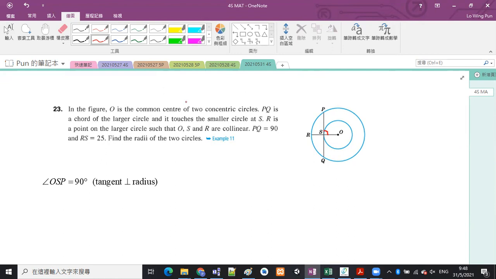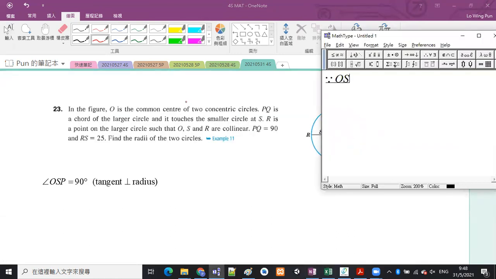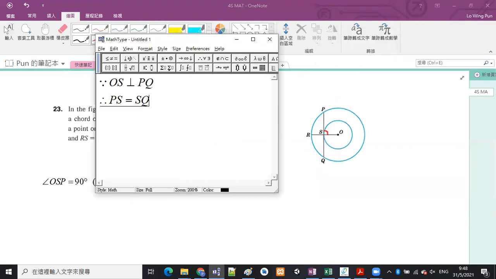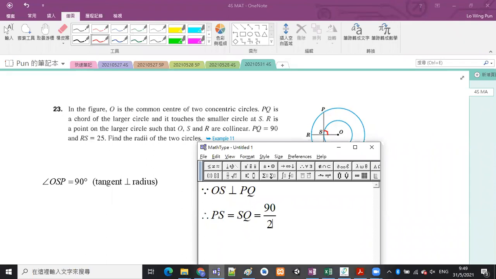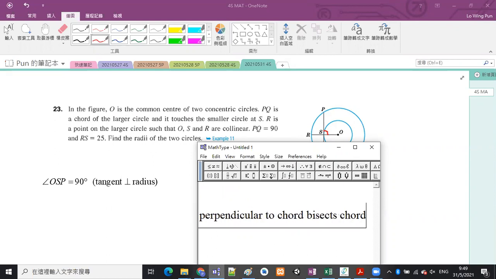Okay, so I'm going to write this down first because OS is perpendicular to PQ. Therefore, I can say that PS is equal to SQ, and they are both equal to half of PQ. PQ is 90, so it should be like this. And this is line from center perpendicular to chord bisects chord.